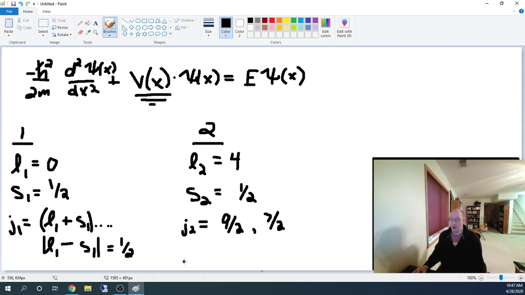Now that I have these 2, what are the combinations that I can get when I add J1 and J2? You have to look at all the possible permutations here. What about when J2 is 9 halves and J1 is 1/2? What are the possible values of J total, the total angular momentum of both of these electrons together?